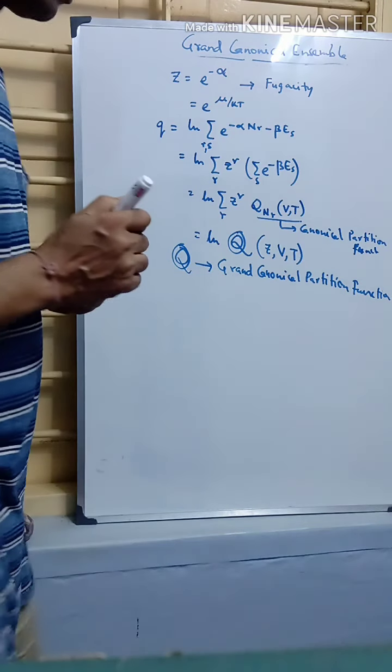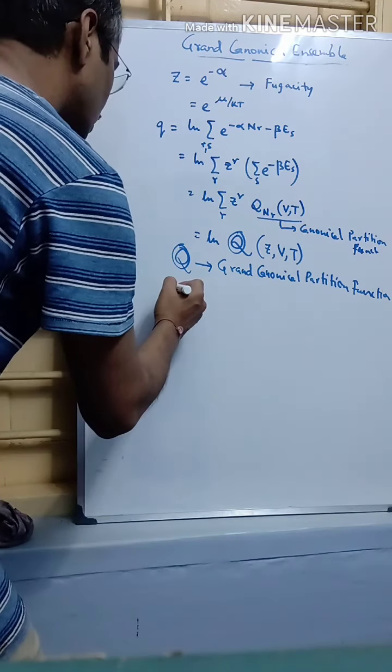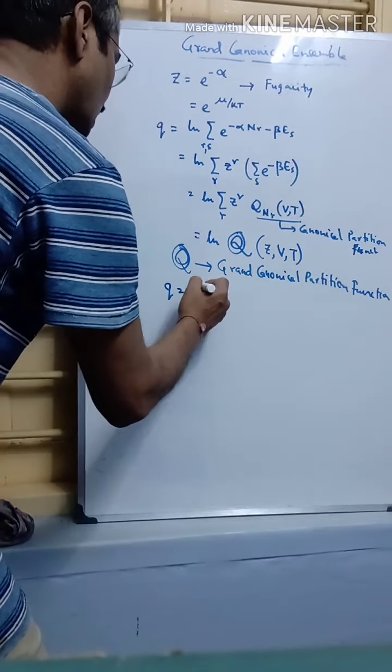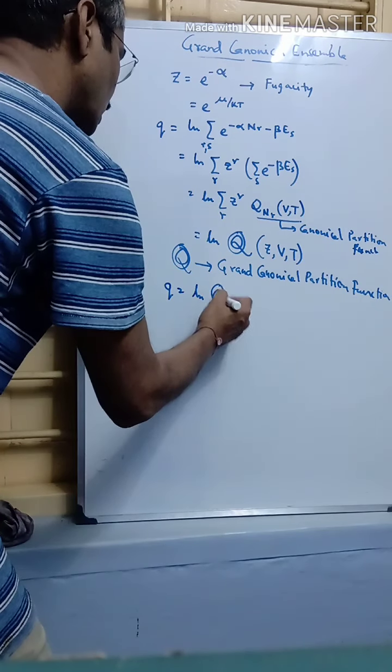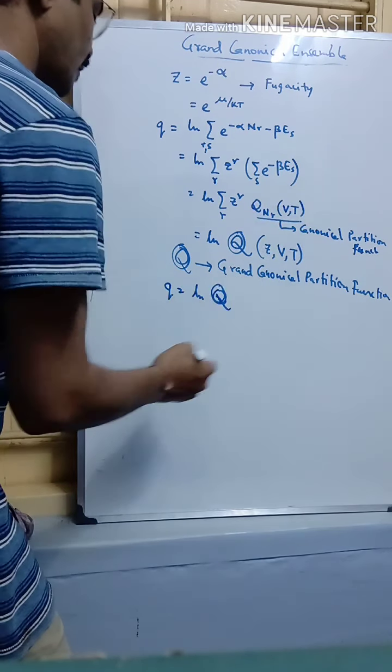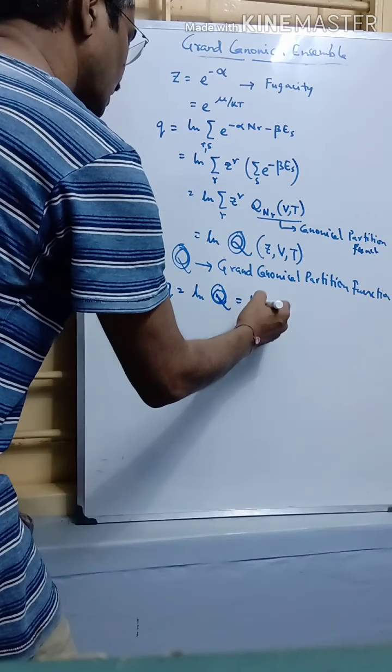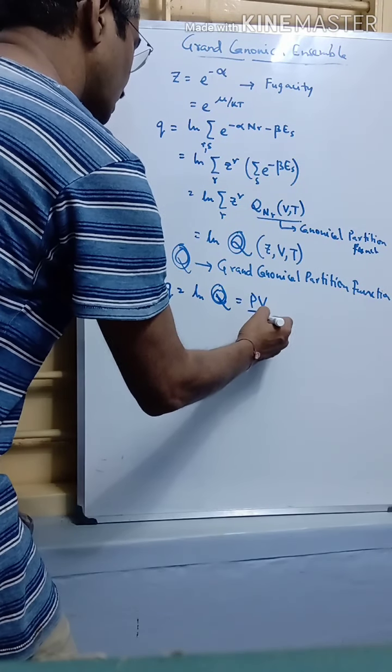How? Now we know that this small q is basically ln of this capital Q, and this is written as PV by KT.